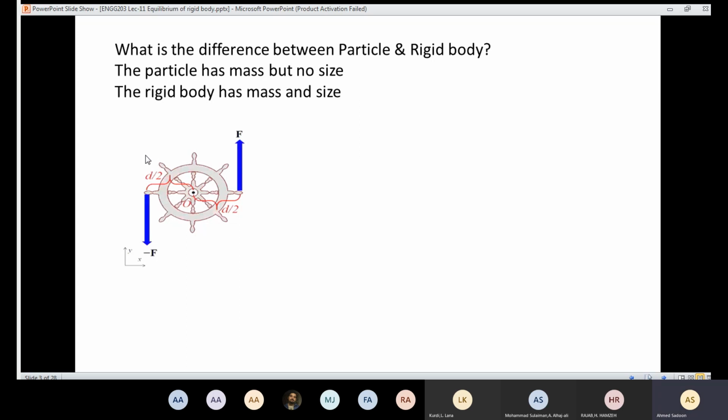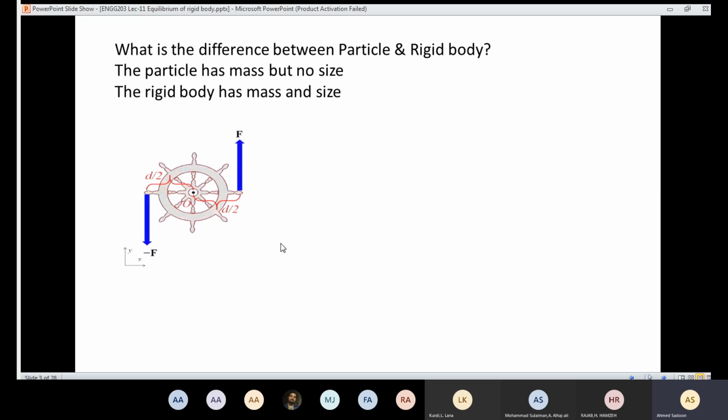And if that was a particle, if I apply a force in a different direction, then you might think that the body is going to be in equilibrium. Because if I have a force F here and I have a force here down, the summation of the forces is going to equal 0.